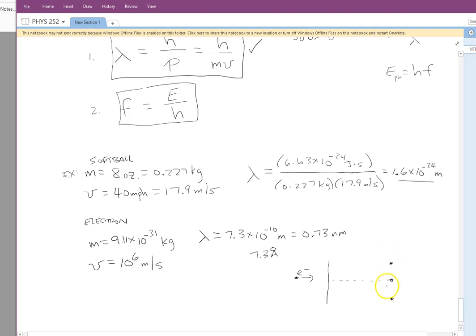You build up a pattern of where the electrons are hitting. This pattern, and the number of electrons, you can think of as analogous to an intensity. So you'll get more electrons here, no electrons here, some electrons here. That distribution of electrons you can think of as an intensity.